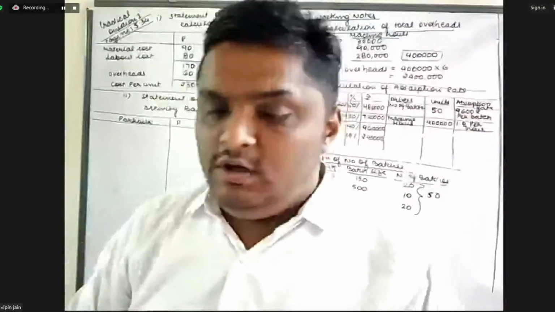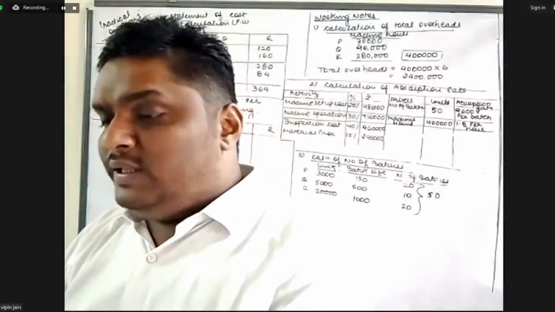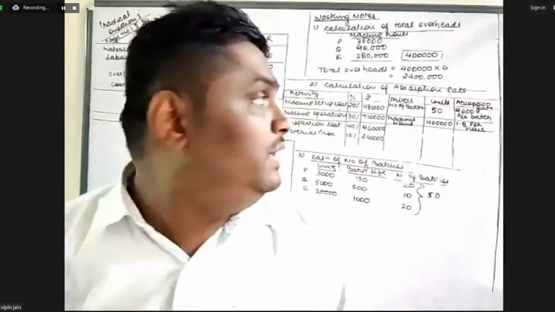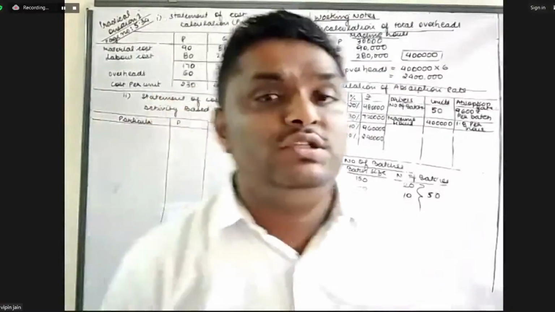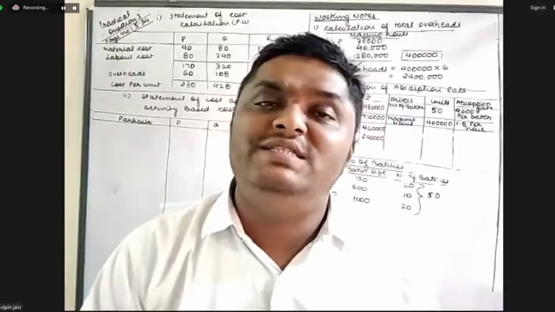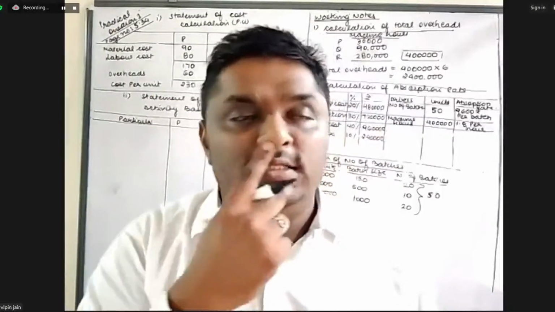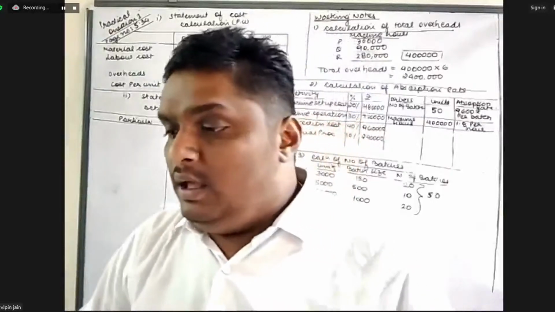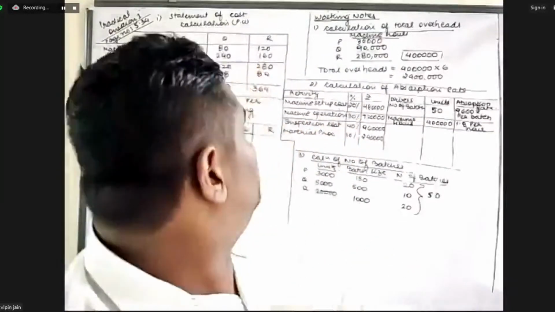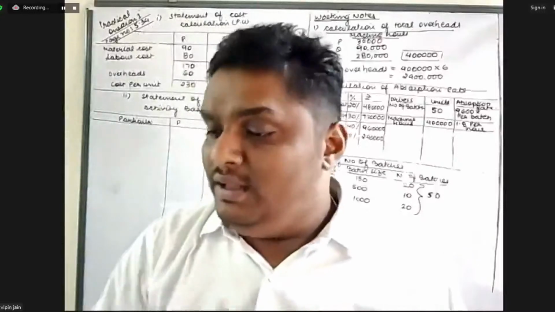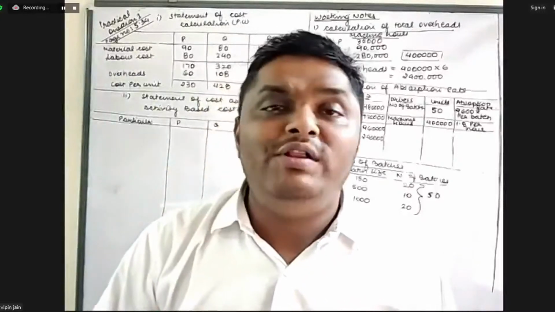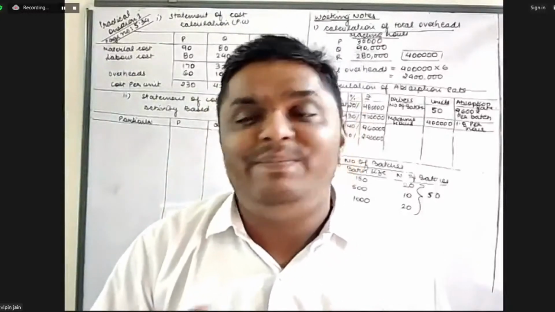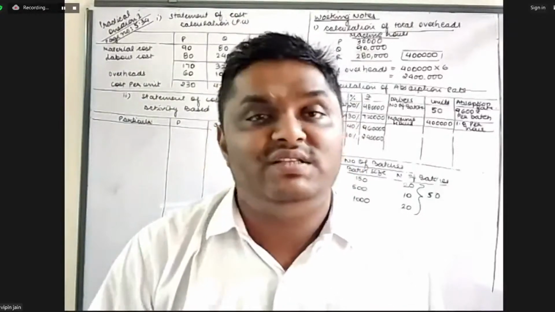So when talking about machine operations, the most appropriate basis of absorption is what? Machine hours. So herein we have absorbed the overheads on the basis of machine hours. Now the next cost is inspection cost. Again, inspection cost is more or less dependent upon the number of inspections.